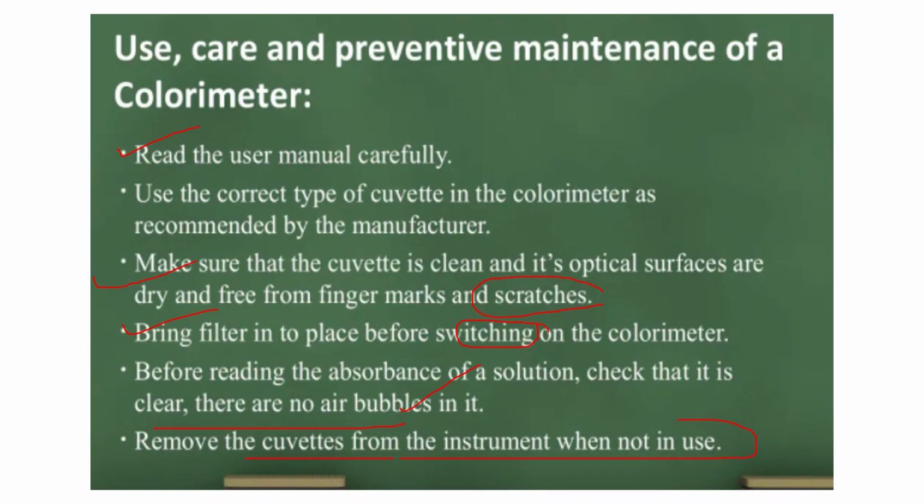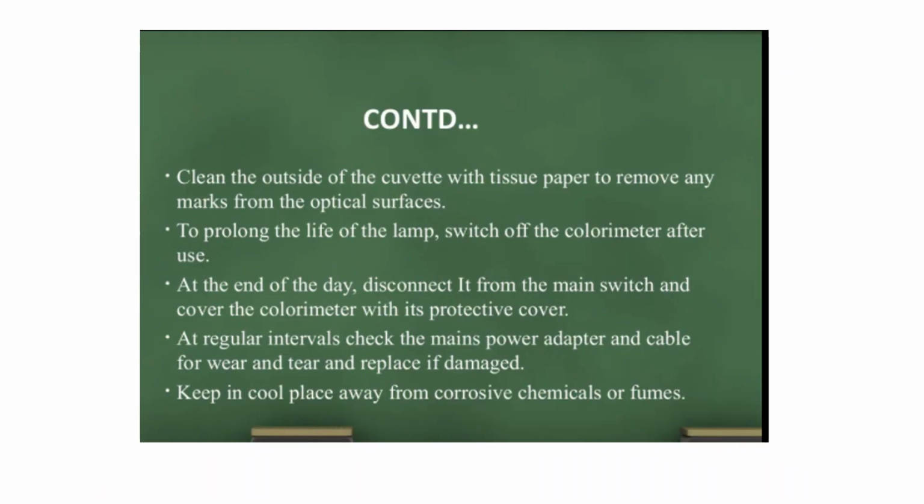So this is all about the colorimeter, the concept of complementary colors, the applications, and the preventive measures, care and use. I have already explained this. We have to keep it in a cool and dry place.